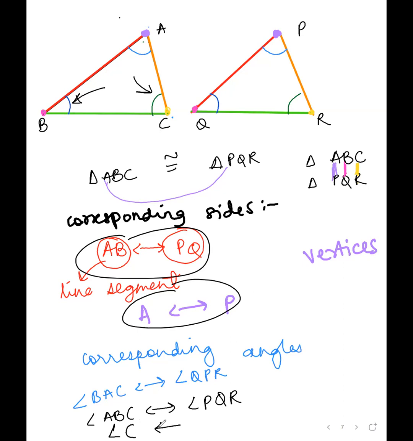Angle C is corresponding to angle R. RPQ is this one, the blue one. RQP is this one. Why? Because R is the starting point, Q is the vertex, P is the ending point. PRQ, very good. You can say PRQ or you can say angle R, short form.